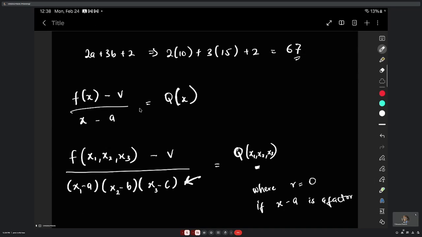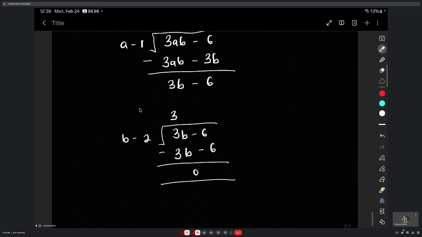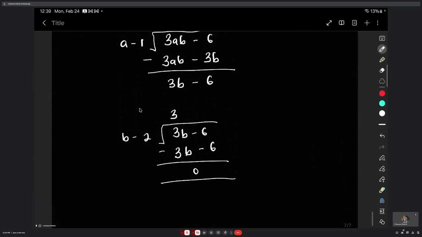And it's still the same polynomial equality formula, where f of x minus v is equal to q of x times x minus a.